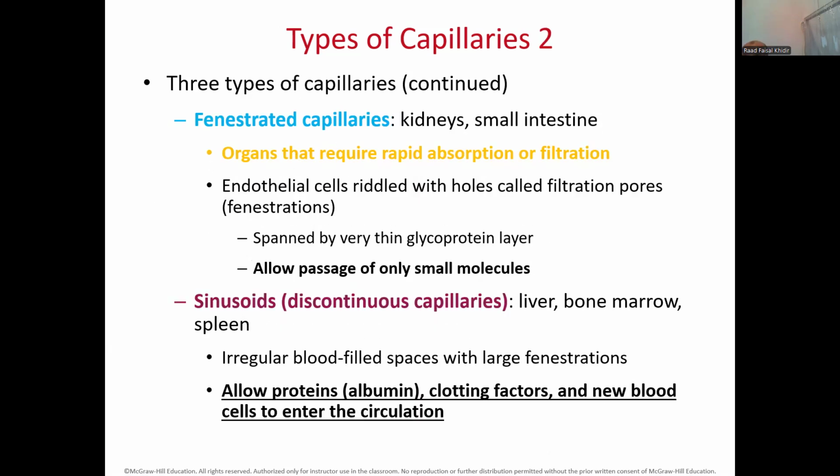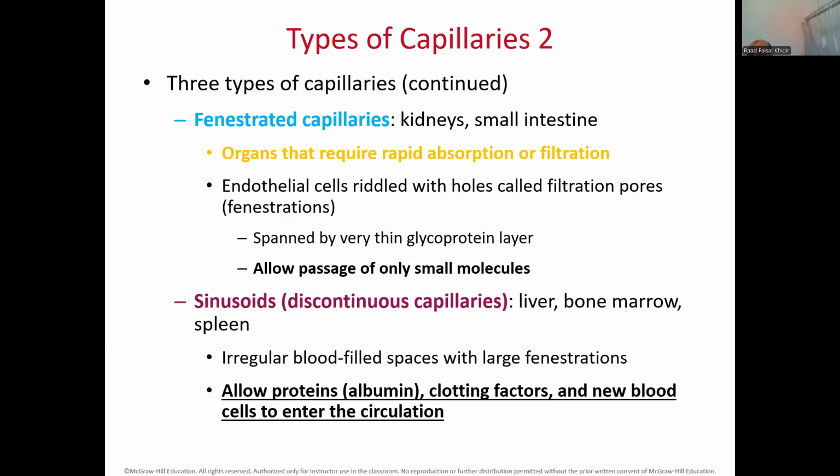Fenestrated capillaries, these are found in the kidneys and the small intestine. The organs that require these are organs that require rapid absorption or filtration. These are endothelial cells that are riddled with holes called filtration pores.